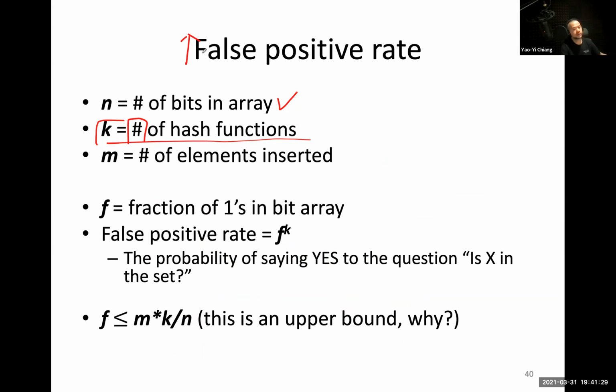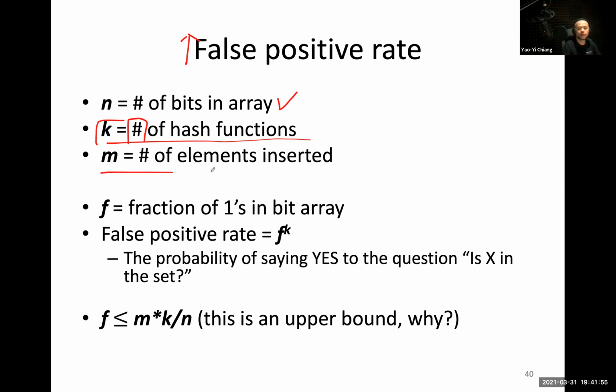Anybody? More. Because when you have more hash functions, the probability of a bucket being set to 1 is higher, right? Now you have many more hash functions that are likely to set it to 1.